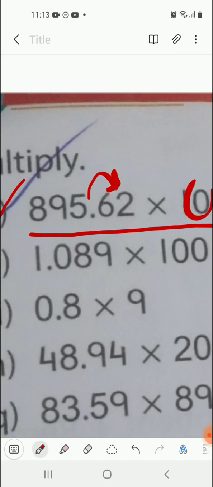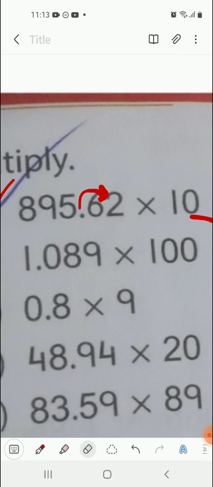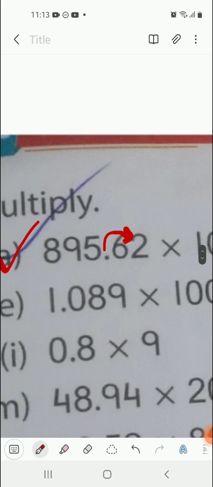For 10, shift the decimal once. So if we copy this down, for this 10 the decimal shifts once, and therefore my answer would be 8956.2 because it shifts only once.